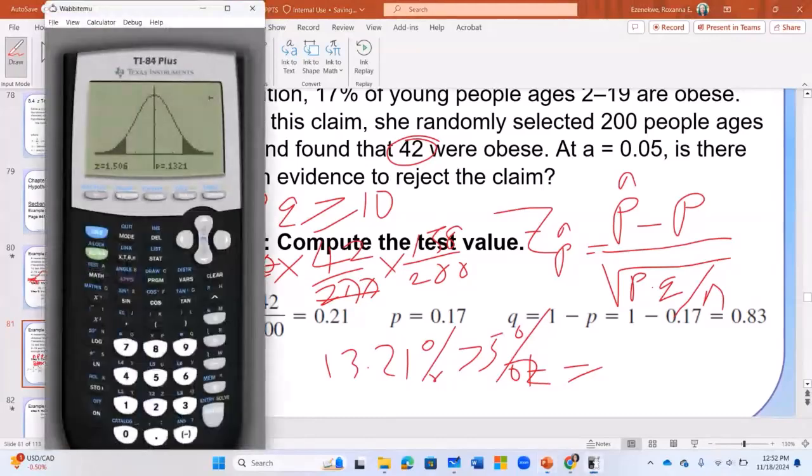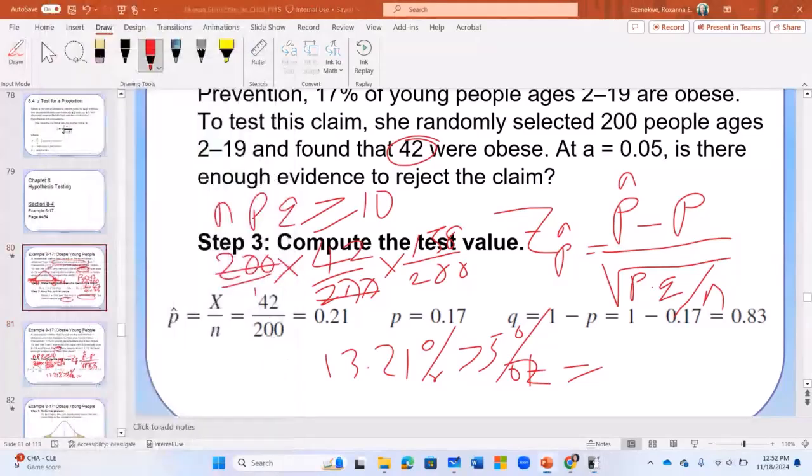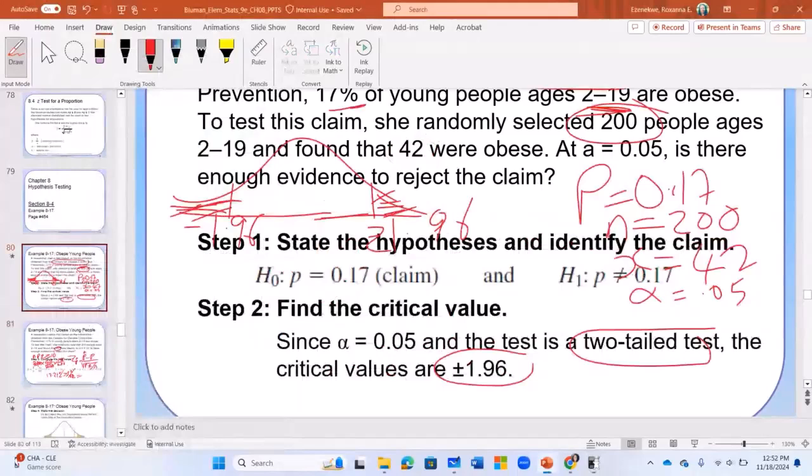If I look at that, I will see that the test statistic is 1.5. And if I look at my graph above, I will see that the rejection region starts from 1.96, but the test statistic is 1.5. So the test statistic falls into the acceptance region.